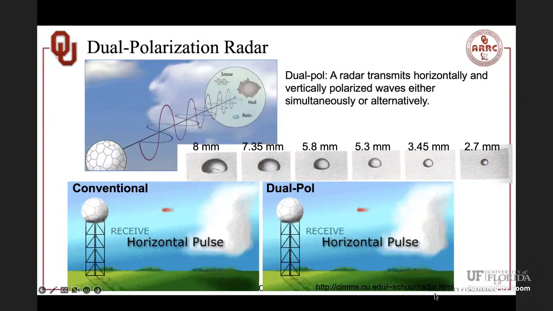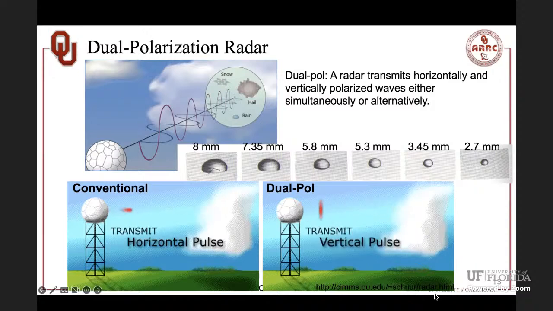And the reason you want to have that is mainly because of the shape of the drops. You probably know this better than I do, that smaller drops tend to be a spherical shape, right? But when they become larger and larger, they become like this.